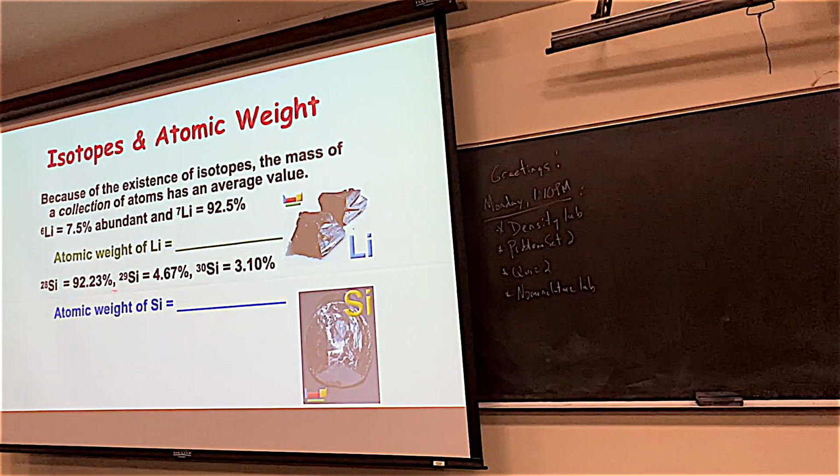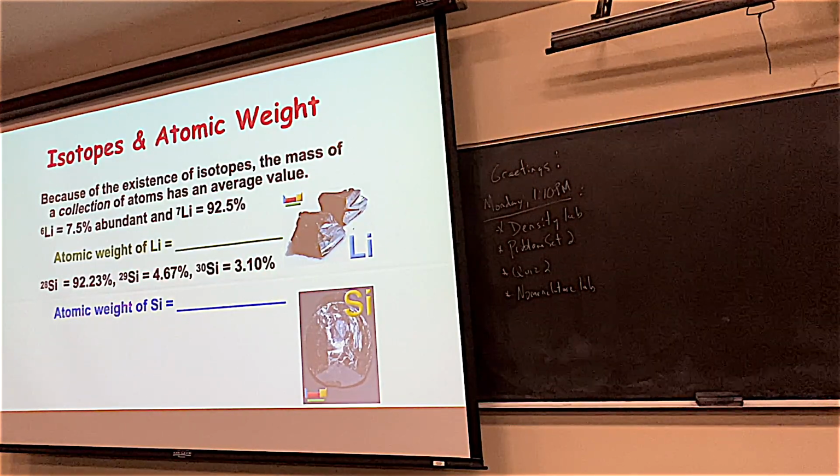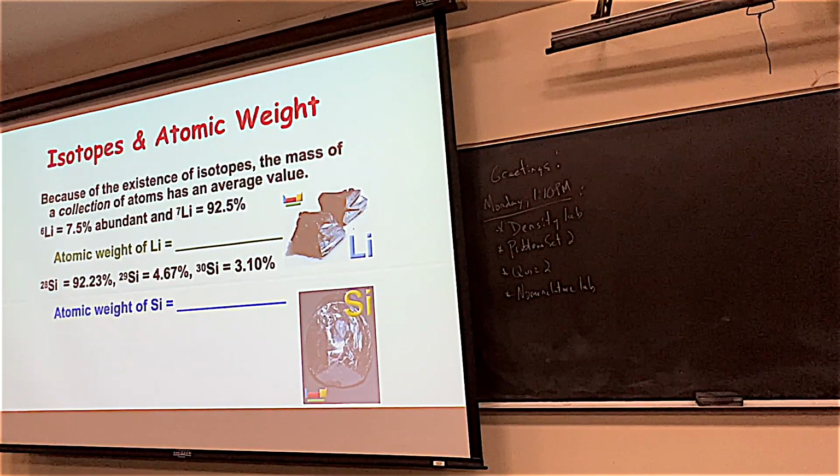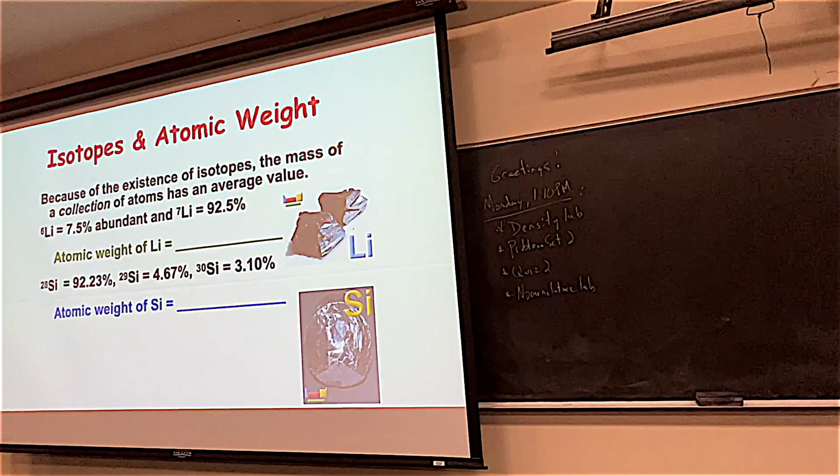And so based on just these numbers, if more than 9 out of 10 percentage points are silicon 28, the atomic weight of silicon should be about 28. And if you look, sure enough, 28.0855. So that's one way you can predict what the atomic weight's going to be.